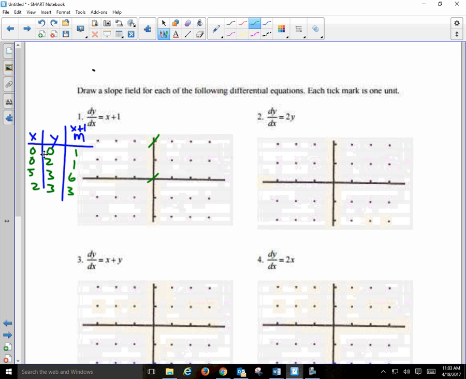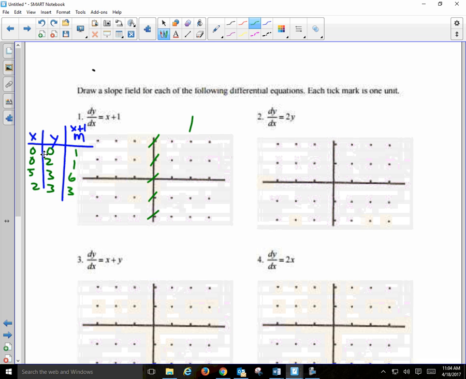At 2, 3, I draw a slope of 3, which doesn't fit on here either. So let's start to figure this out a little bit, okay? I take the x value and I add 1. On the y-axis, what is the x value? 0, so the slope is 1, so I can draw 1 for a slope all through these points.